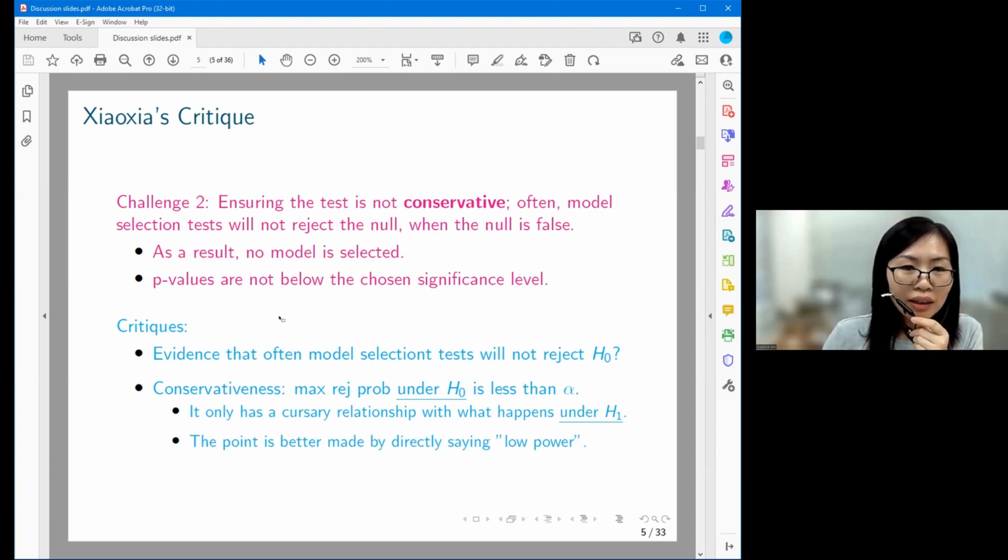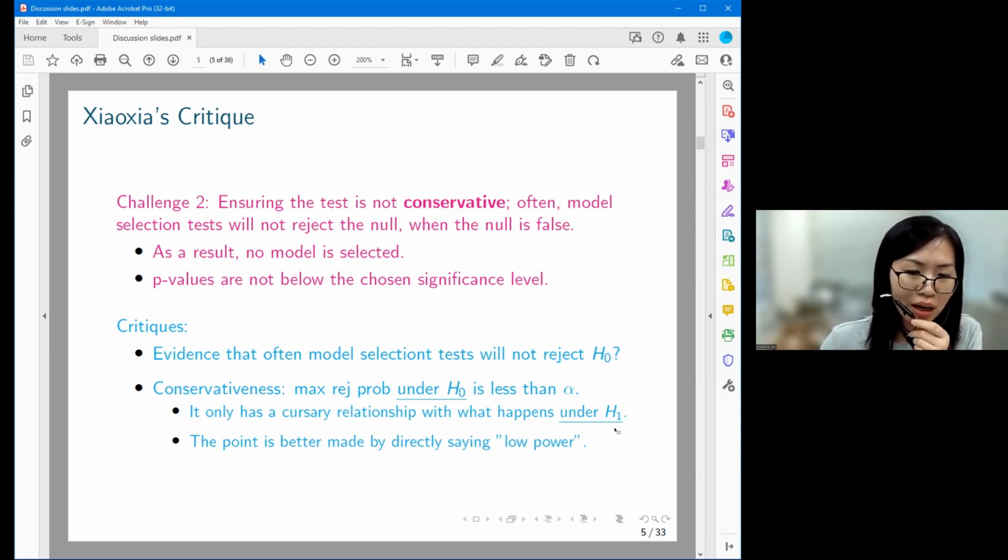But I think the point that this paper tries to make is that the proposed test has better power. So power is about what happens under the alternative. It's when the null hypothesis is not true. It's when one model is better than the other, is the test selecting that model.